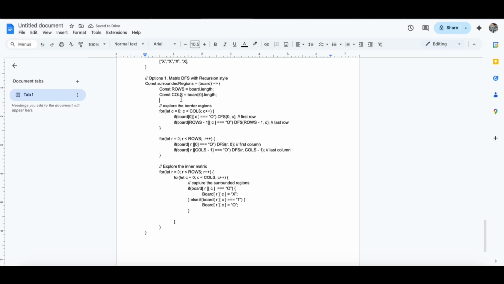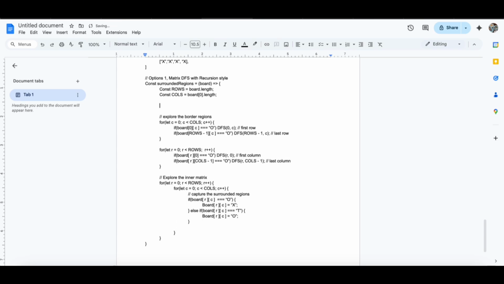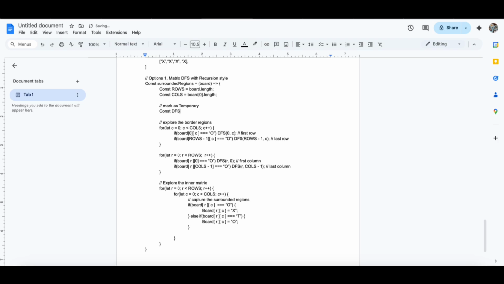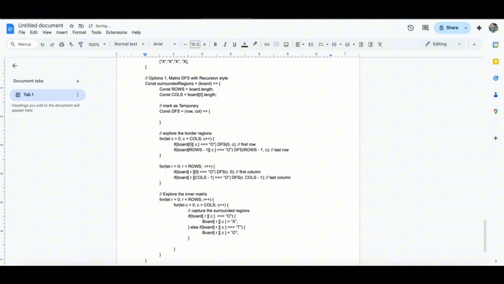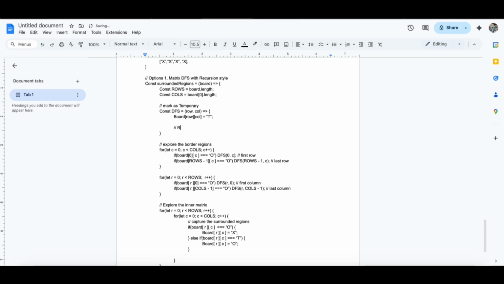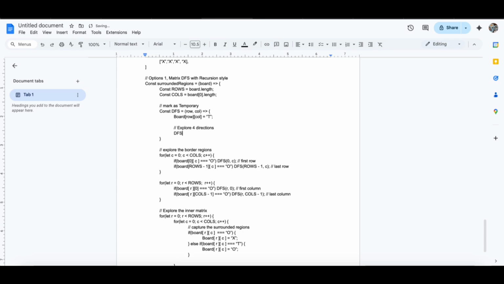Okay, then we need to do the DFS, right? Mark as temporary, cause DFS row column, dot row call as temporary, then explore four direction.